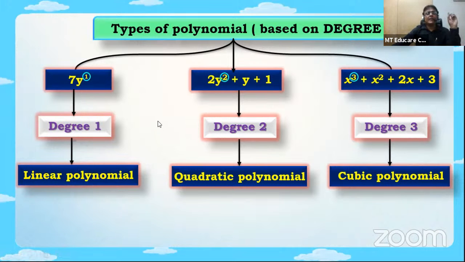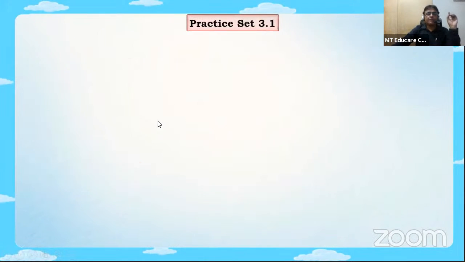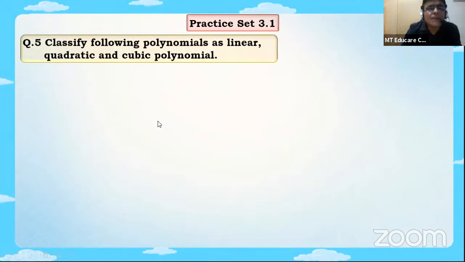Again, one mark we will take from the examiner. Let us see. First one: classify the following as linear, quadratic and cubic. Tell me, have we divided the polynomial on the basis of terms or on the basis of degree?